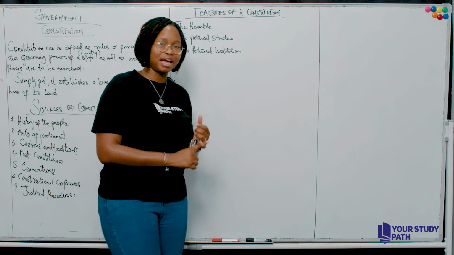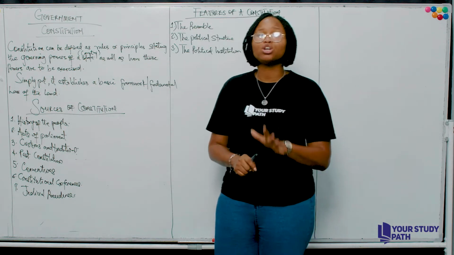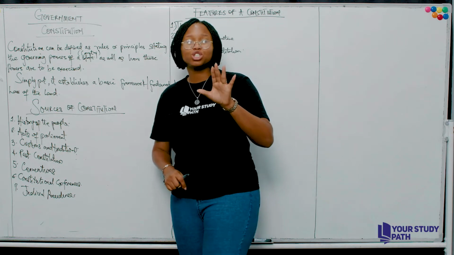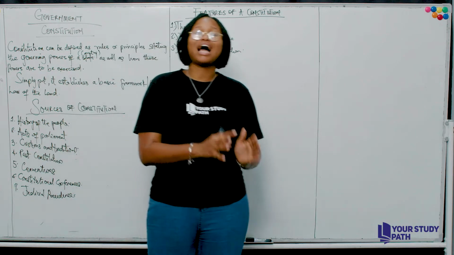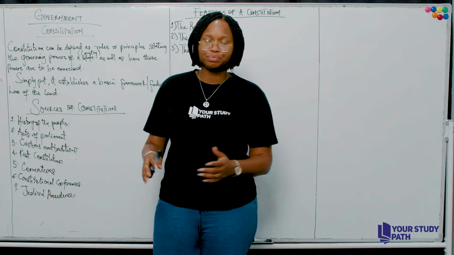Their powers are there, their functions, and also their limitations. This helps to ensure that they do not act ultra vires. That is, they do not act outside of what they are meant to or outside their jurisdiction.